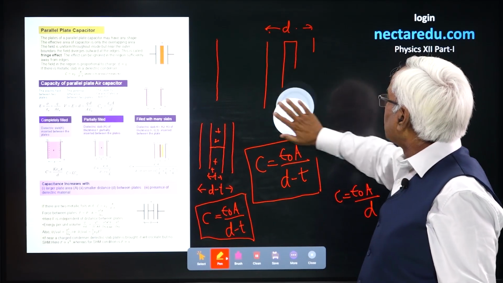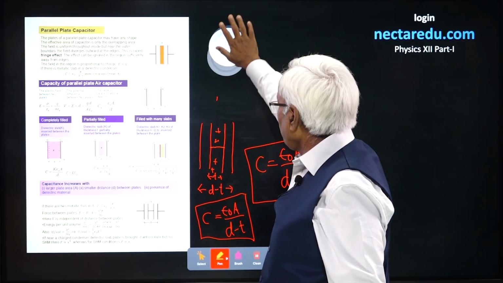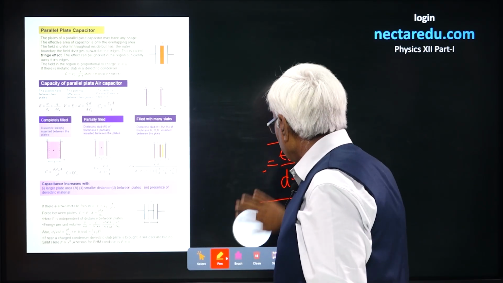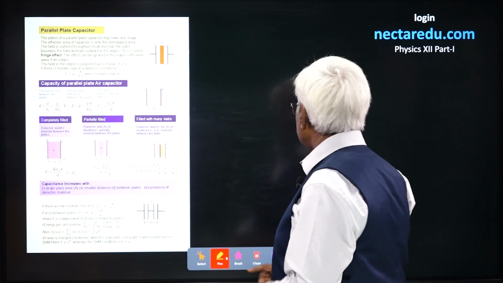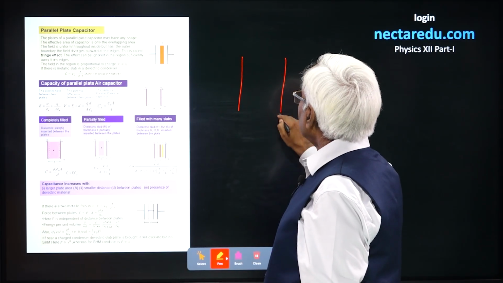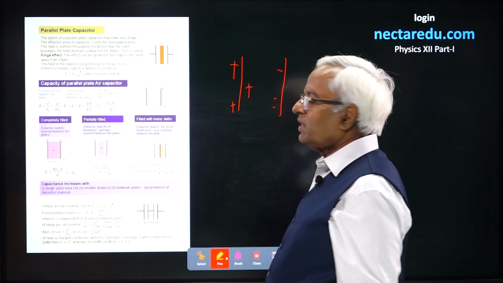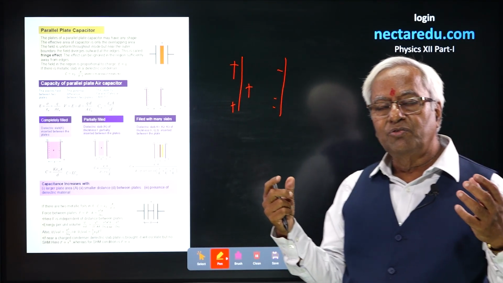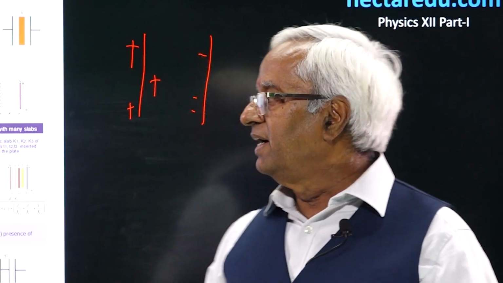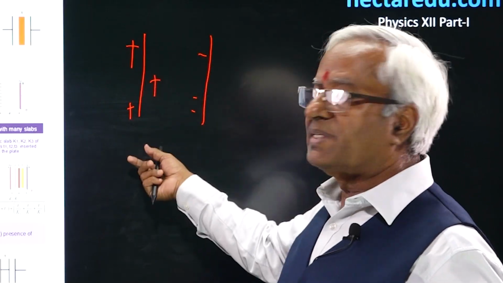Now, when the condenser is charged, both the plates are having equal and opposite charges. Both are opposite, obviously they will be having some force of attraction. And if there is force, there will be pressure.